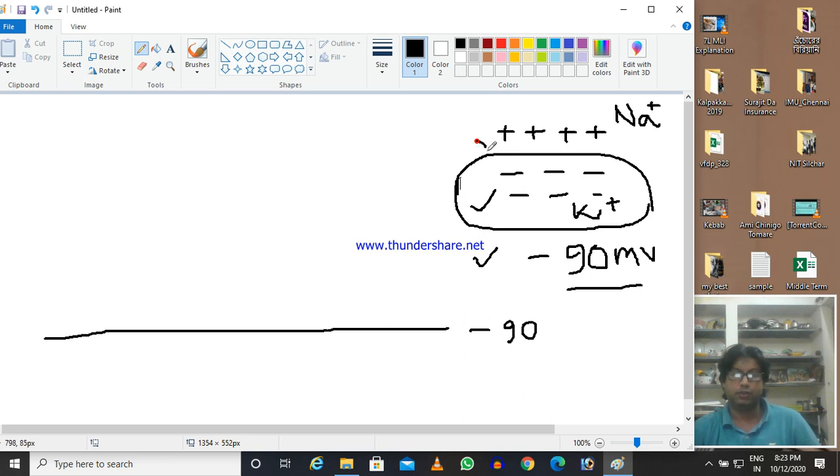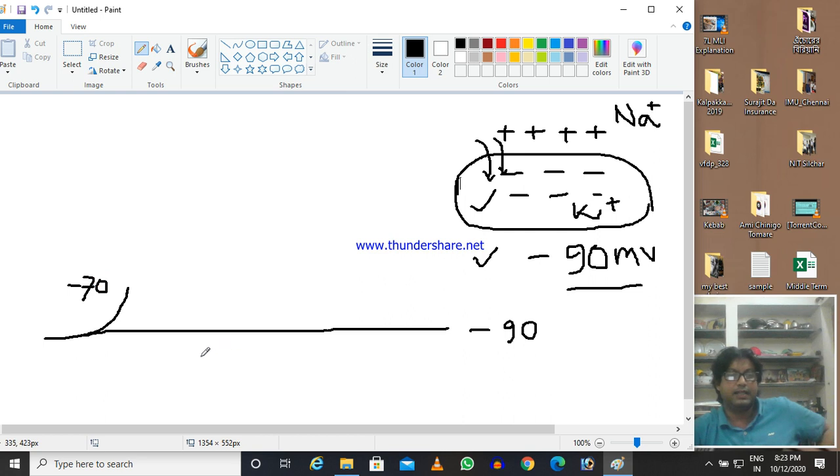That means the sodium ions start to enter inside, very slowly. Once the sodium ion, a cation, enters inside, the negativity inside the cell starts to reduce. So slowly the minus 90 comes to minus 85, minus 80, and minus 70.